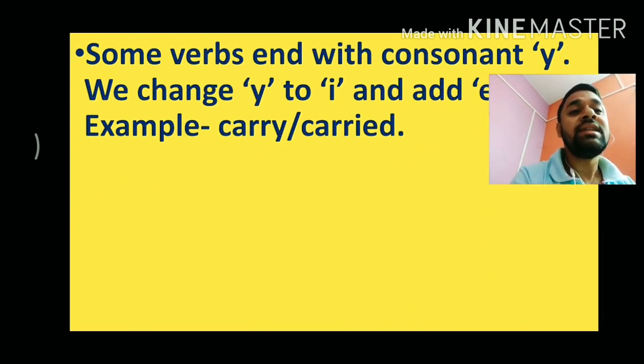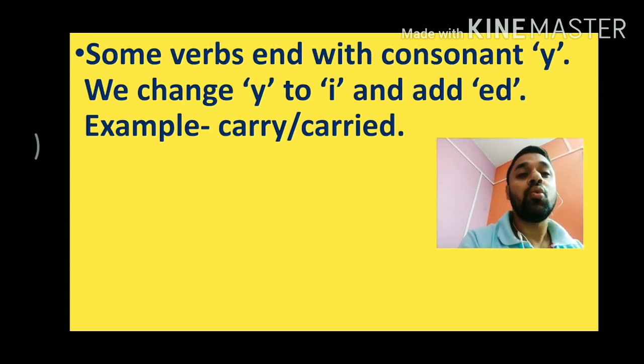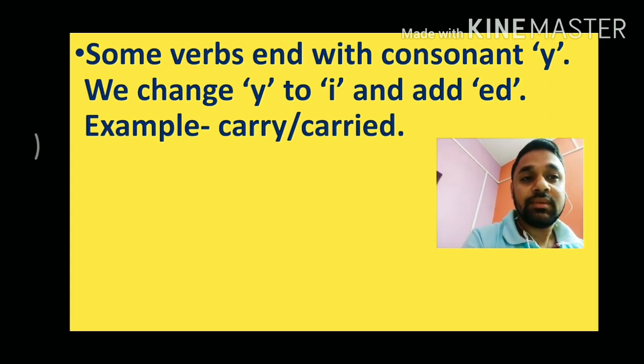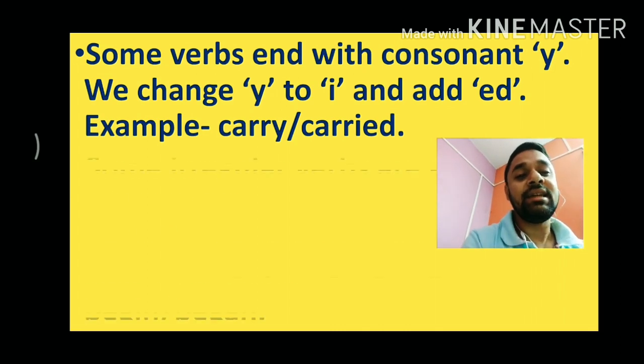Some verbs end with a consonant plus y. We change y to i and add ed. Example, carry, carried. Now see, in the place of y we change that y into i and then add ed.